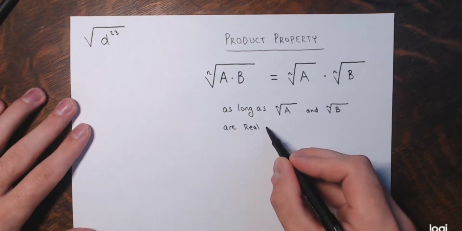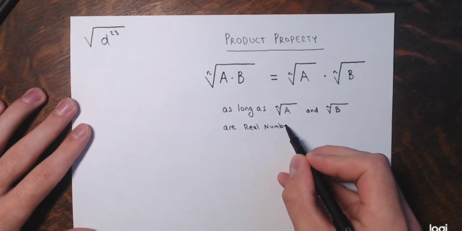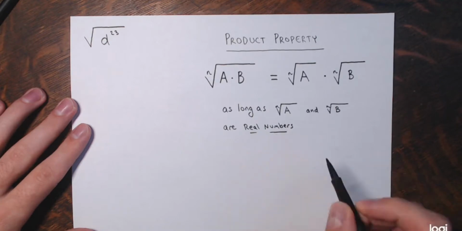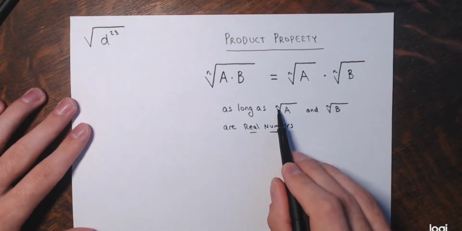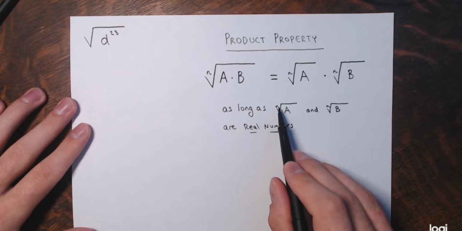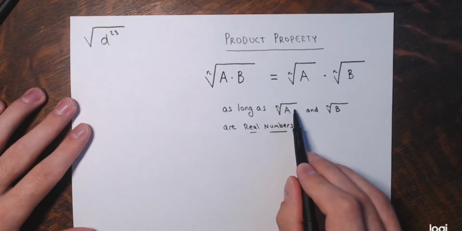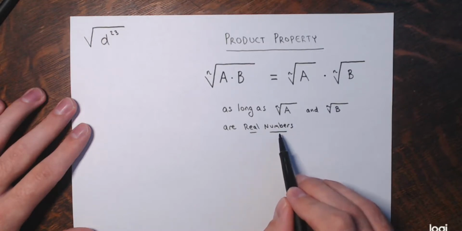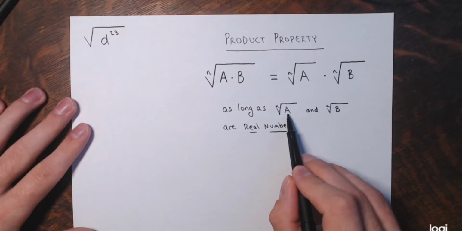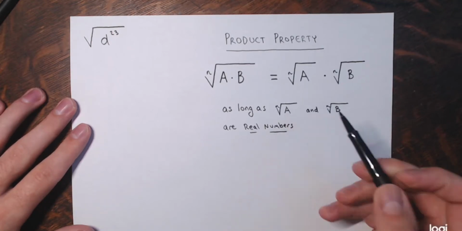If you recall back in section 8.1, when we did even roots, if n was even, the square root, the fourth root, the sixth root, the eighth root, etc., then the radicand couldn't be negative. If the radicand was a negative number and you had an even root, that was not a real number. But if the radicand is not negative, then you'll have a real number.